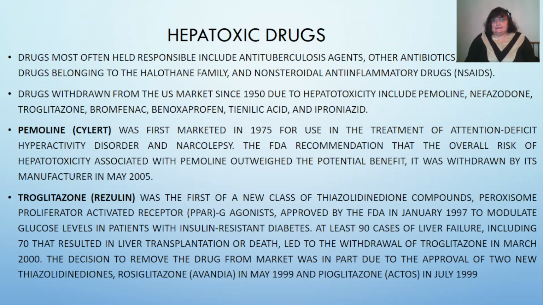I can say that in this drug we had big hopes that it could be very effective in treatment of insulin-resistant diabetes. But at least 90 cases of liver failure, including 70 that resulted in liver transplantation or death, led to the withdrawal of troglitazone in March 2000.